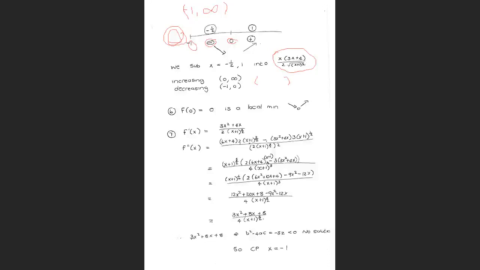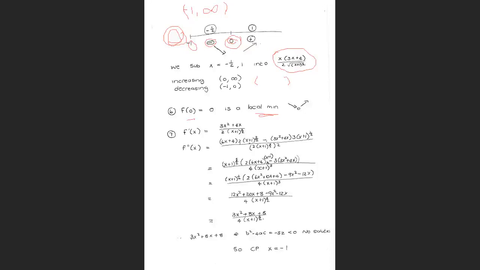And then, is there a local max or local min? You can see at 0 there's a change of sign, from decreasing to increasing, which tells you that there is a local min. And how do you show me if you want full marks? If you just say local min at x equals 0, you have 1 out of 2. You substitute x equals 0 into the original function.